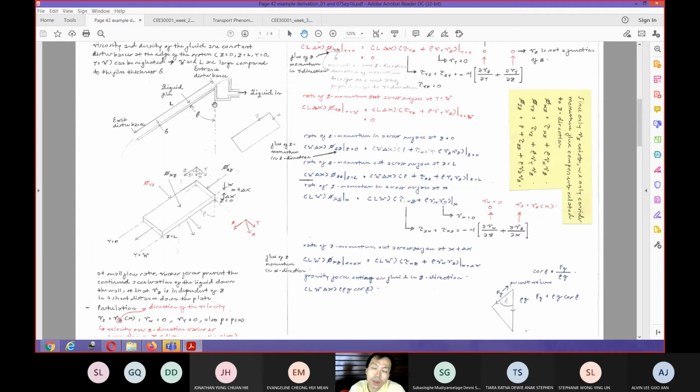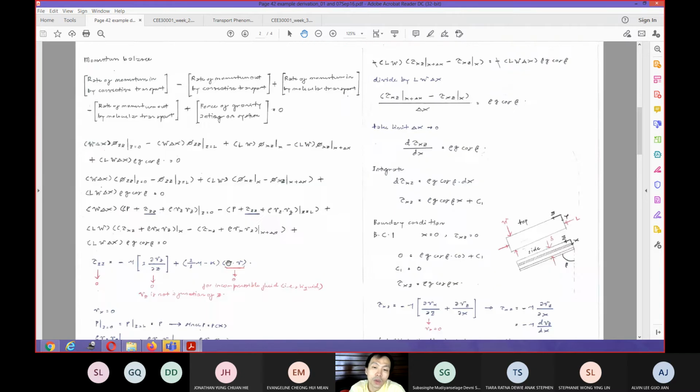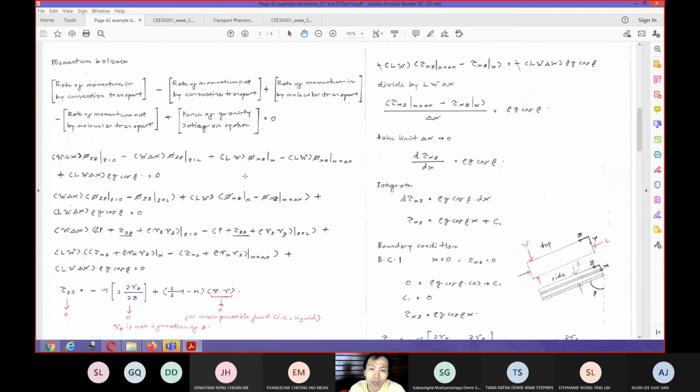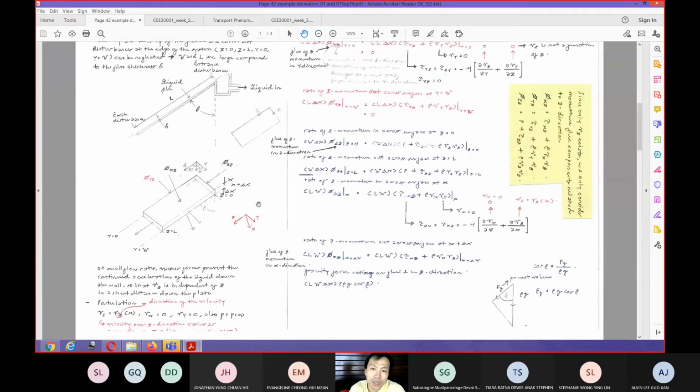So by common sense, we know that the velocity on the top should be much faster than the velocity on the bottom, because the contact with the solid surface in here will prevent the fluid from moving. So by rational thinking, we know that the velocity in the z direction will be a function of x.